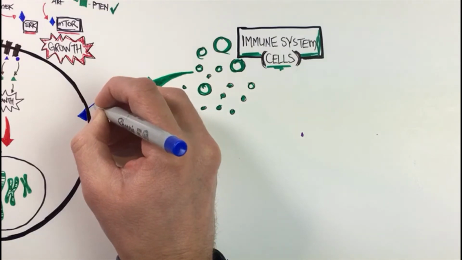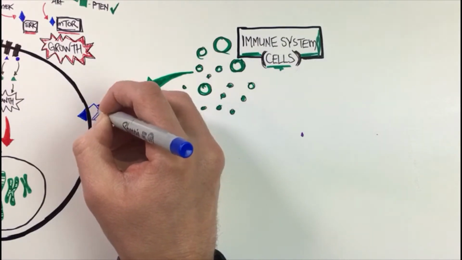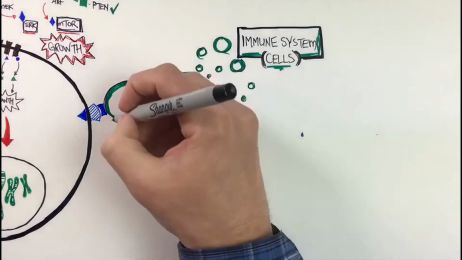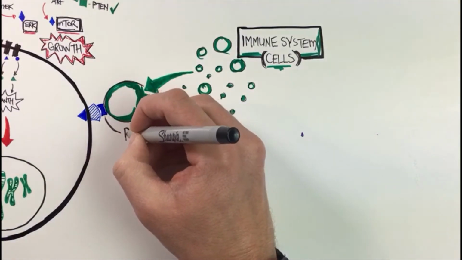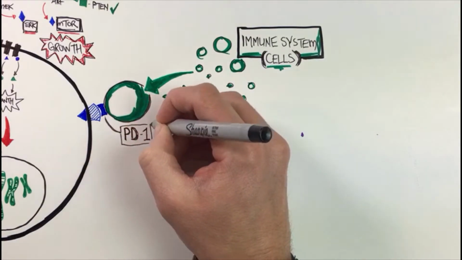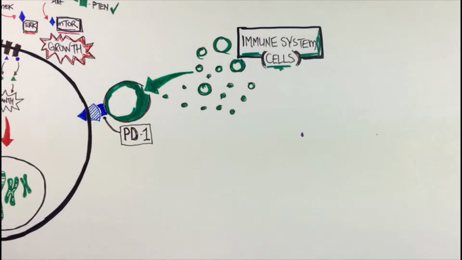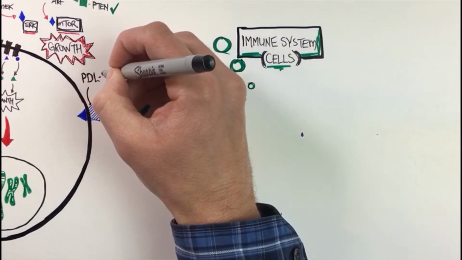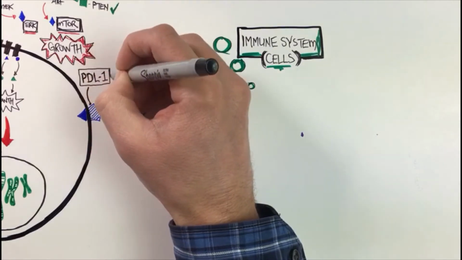But when it comes close, cancer cells can then project a receptor, a membrane-bound receptor, and when it binds onto the immune cell receptor, which I'll label here, the immune cell receptor is called PD-1. And the cancer cell will present to that immune cell when it comes close another receptor called PD-L1.